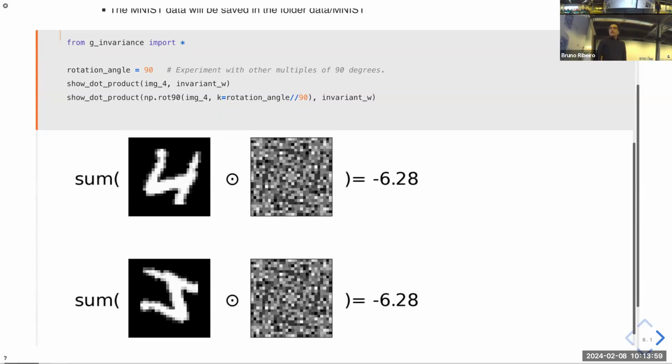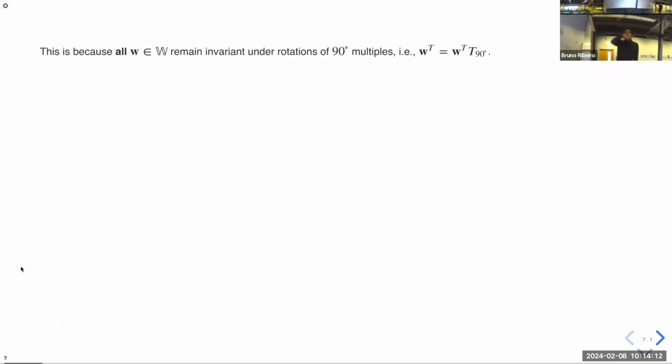Okay, so the task then is how do we learn what the invariant subspace is? That's what we are going to see in the first part of this tutorial. This is because this invariant subspace is built in a way that remains invariant under rotations.